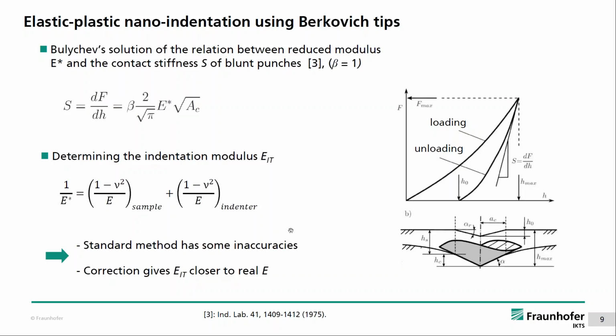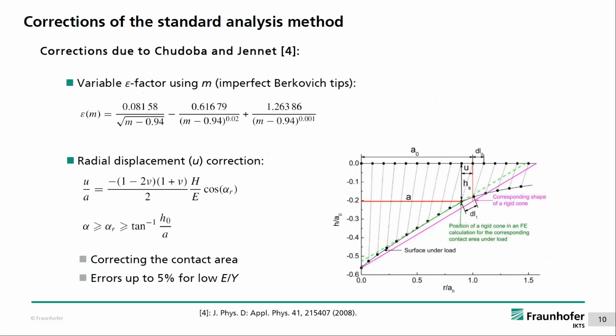And you're good to go for a first try, but if you really want to have extremely detailed data, there are some corrections. The standard method has some inaccuracies, and some of them you can correct, and then you get this indentation modulus that you determine with the standard. You can get closer to the real Young's modulus, and these corrections and the necessary calibrations I will show you in the next slides.